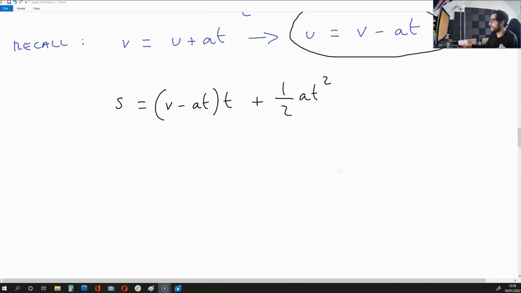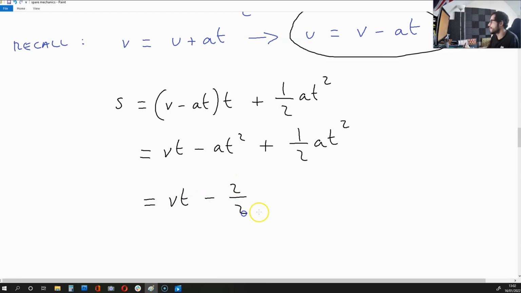Now let's expand on this. So from here we get vt minus at squared plus half at squared. This is the same as vt minus 2 over 2, which is 1, at squared plus half at squared, okay?